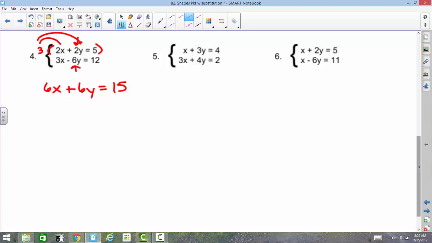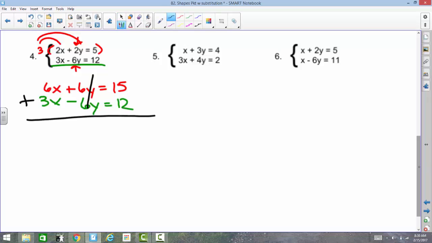And now I'm going to just rewrite the bottom just as is, so that if you add these, the y's cancel. So 9x equals 27. Divide by 9, and you get x equals 3.